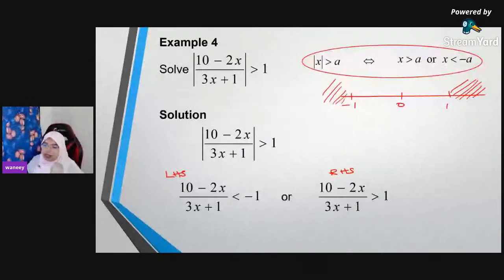On the right hand side, this is also a rational function, so you got to use another real number line to solve them. So for this, I think I'll better give you around 5 minutes, and then let us check whether can you get the answer on the left hand side and right hand side or not. So saya bagi 5 minit kita tengok boleh tak dapat jawapan. So 5 minutes starting from now.